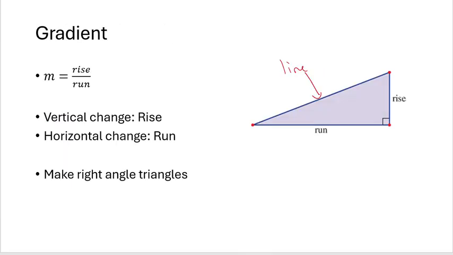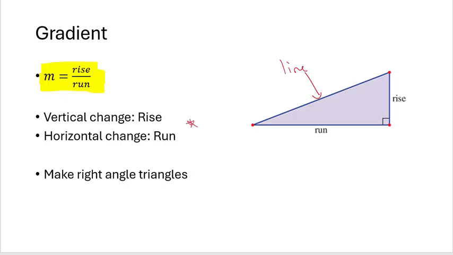So what is the gradient? This is the formula that you use. m equals rise over run, okay? Vertical change, rise, horizontal run. Very important. Now, if you look at my diagram on the right here, it looks like a right angle triangle, but what we're doing is pretty special with it.